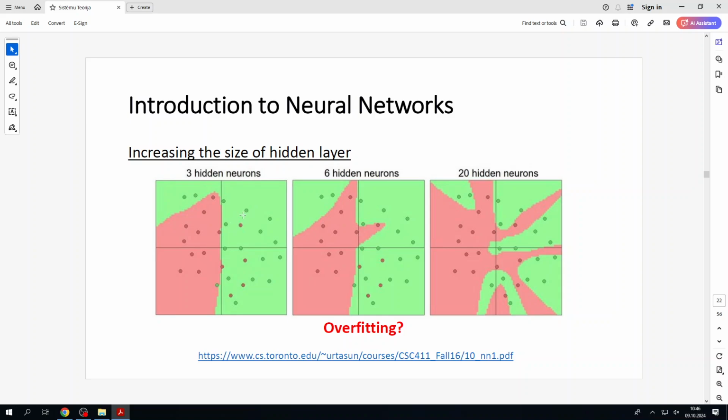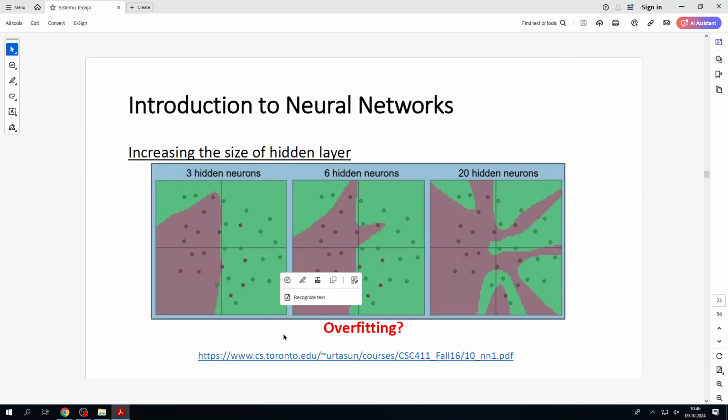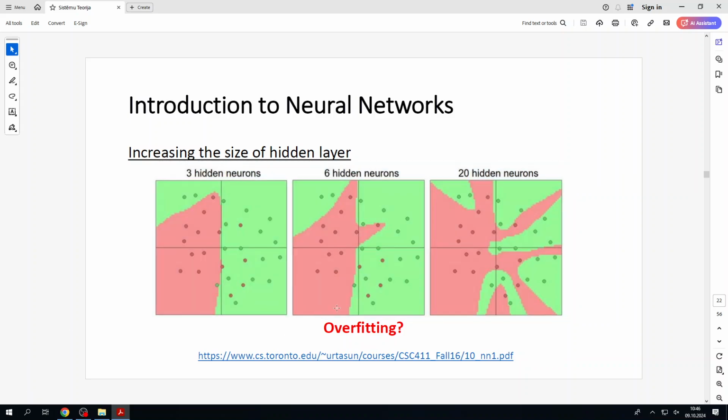As you can see, it produces some errors because here we have a red point in the green area, and here we have a green point in the red area, so it's not overly accurate. Then we want to improve the accuracy by adding more neurons. So now instead of 3 neurons, you add 3 more neurons, then again repeat the training procedure, for example using the gradient search method, and you will see that this boundary becomes a more complicated shape.